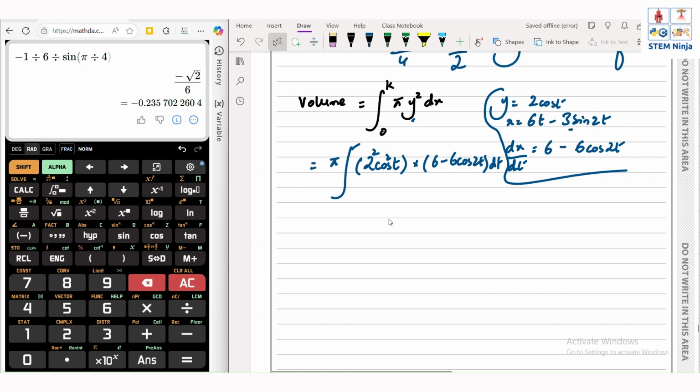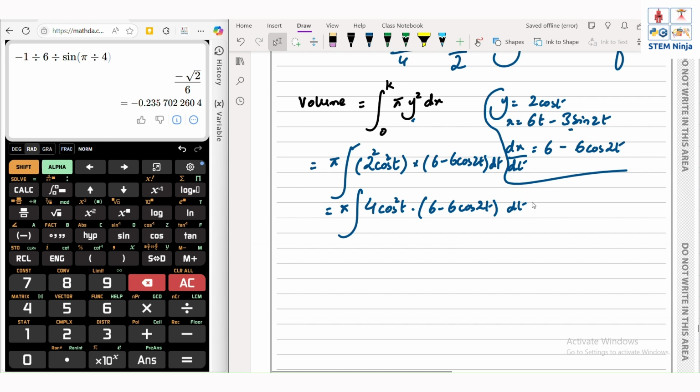Okay, now let's figure out what this entire thing is. So this becomes pi 4 cos squared t times 6 minus 6 cos 2t dt.